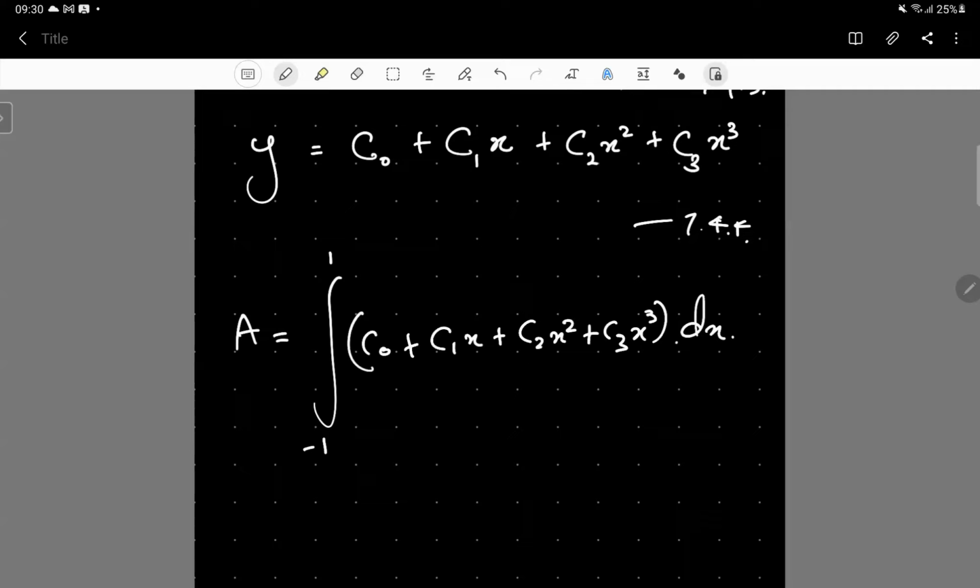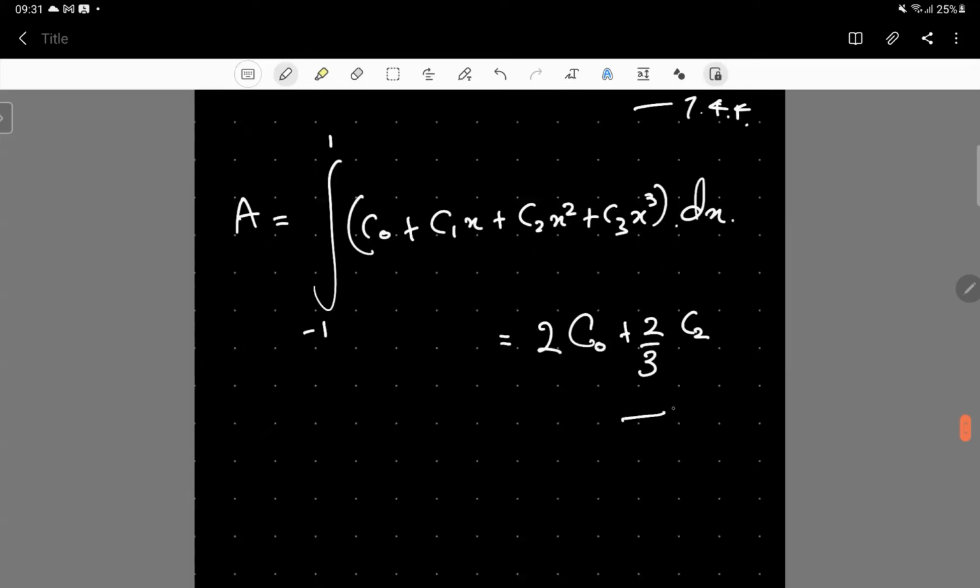And this is a simple integration. After doing the simple integration and substituting the upper and lower boundaries, what you would end up getting, you can try it on your own: the other terms will cancel out, and only the C0 term and the C2 term will remain as the solution of this integral.